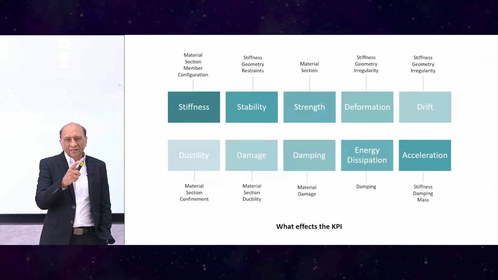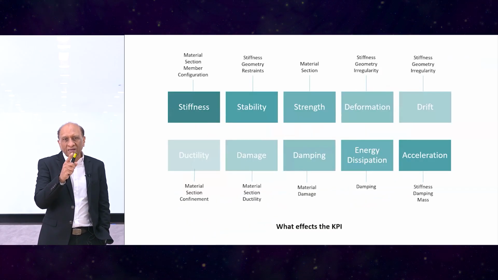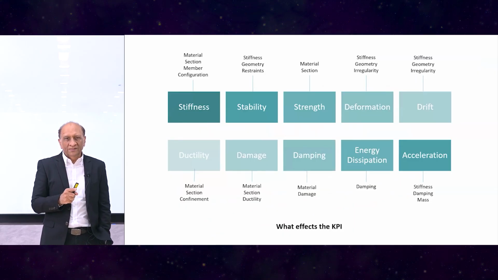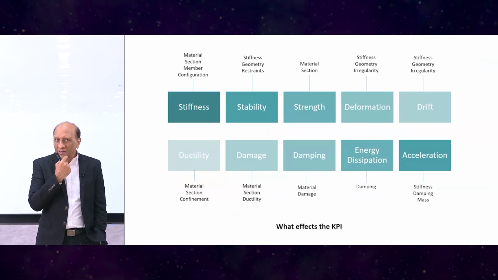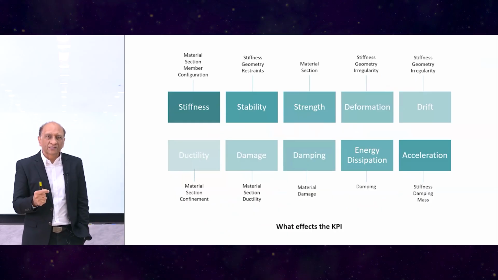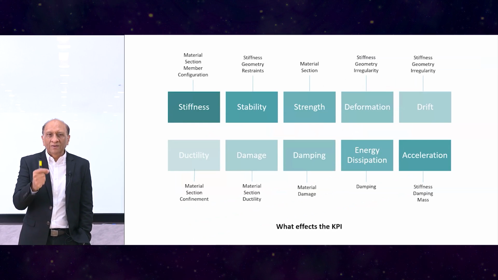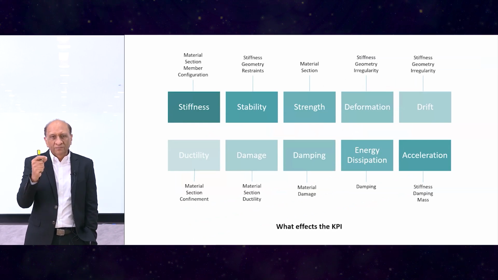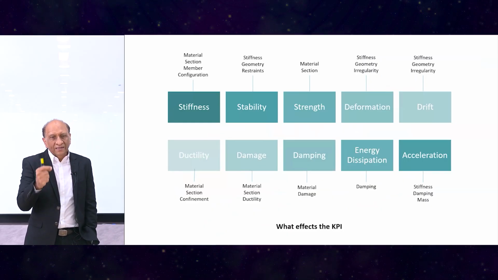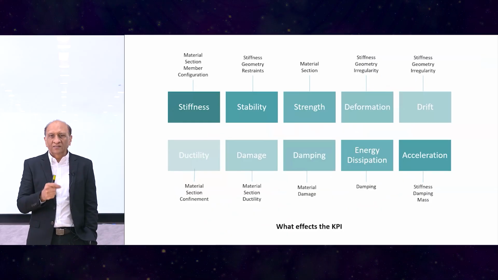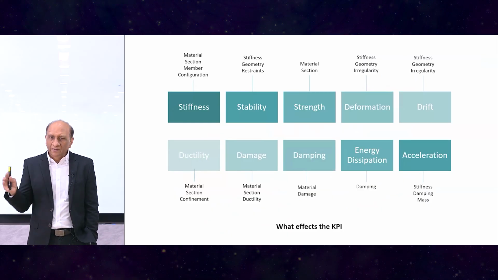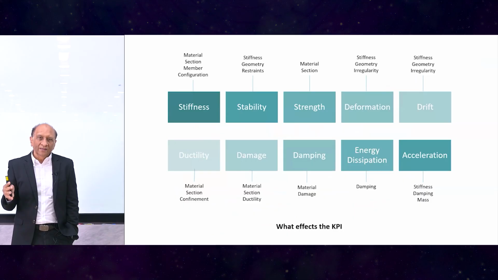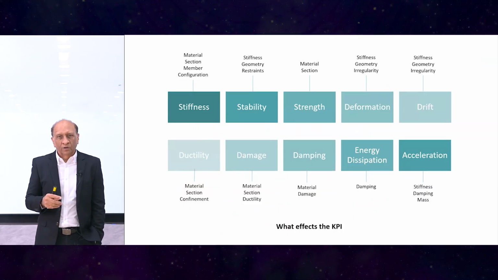And all of these KPIs can be identified and linked to one or two of the properties that we can identify. For example, if the stiffness is a problem, then material, section, member, or configuration can be improved. If the stability is a problem, we look at the geometry and the strain. If the ductility is a problem, we look at the material, section, and confinement, and so on. So we look at every KPI and we look at where it comes from.